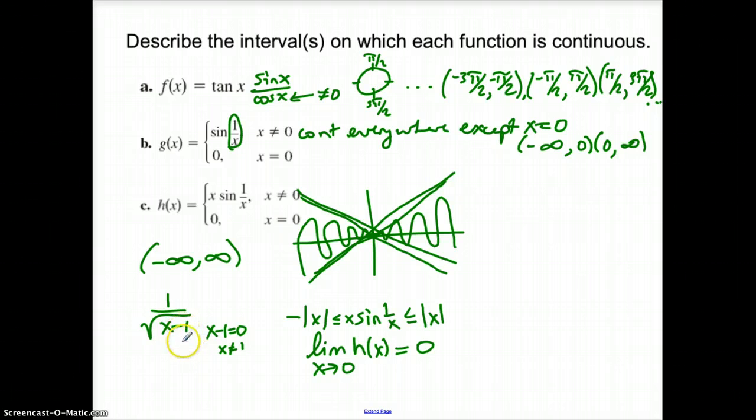And then do we have to go higher than 1 or less than 1 to get numbers in here that are positive? Higher than 1, right? We want x minus 1 to be greater than 0. So that will be x is greater than 1. So x can't be 1, but it can be greater than 1. So our graph is continuous at every value from 1 up to infinity.